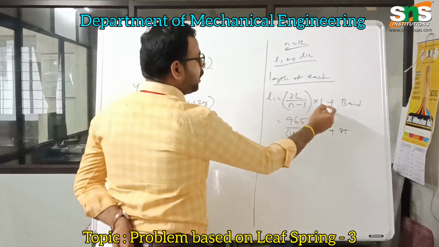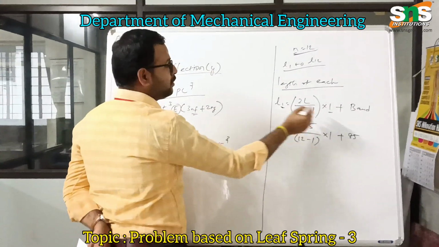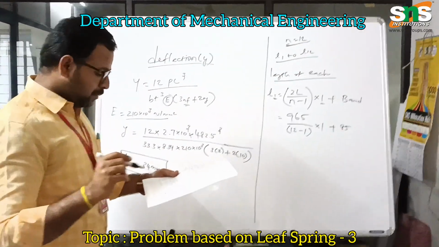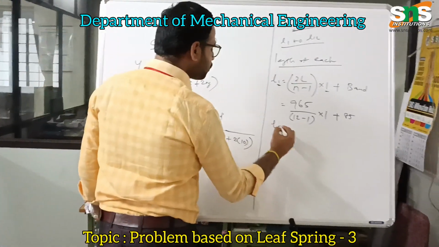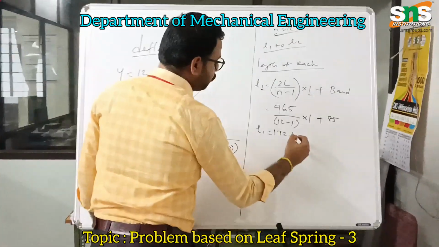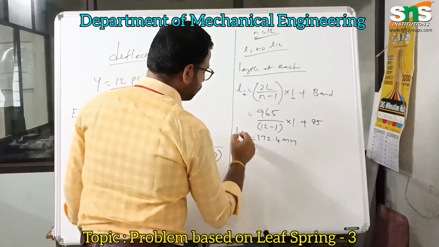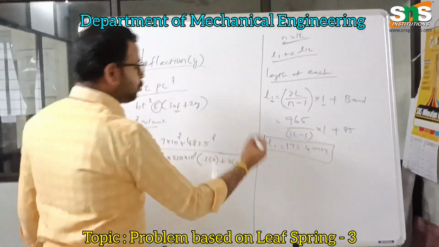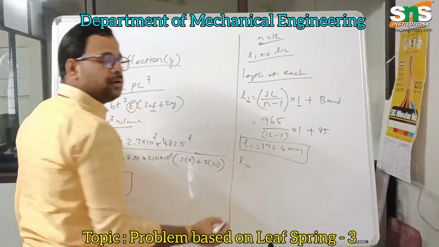I put 1 here because the suffix is 1, that's why we multiply with 1. So the final answer becomes L1 is equal to 172.4 mm. In parallel, we can calculate up to L12.